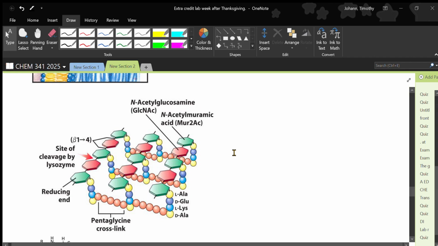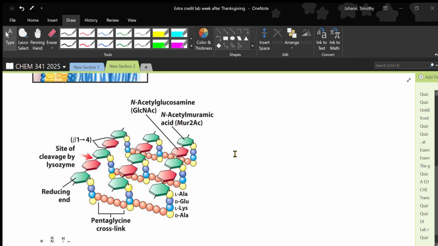So the protein cross-links are added by an enzyme called DD transpeptidase. Is that always, or only in bacteria? You only have peptidoglycan in bacteria, as far as I know. Cool.